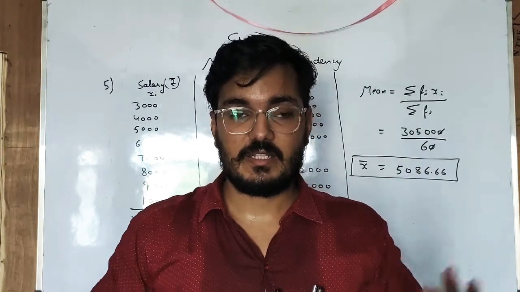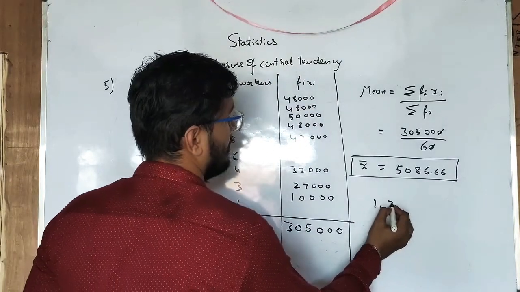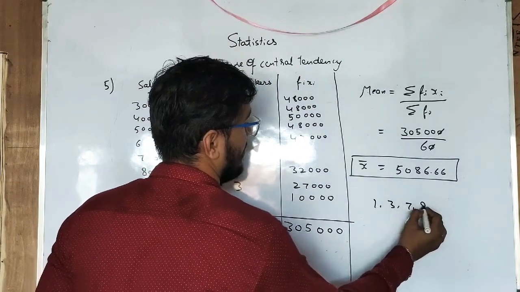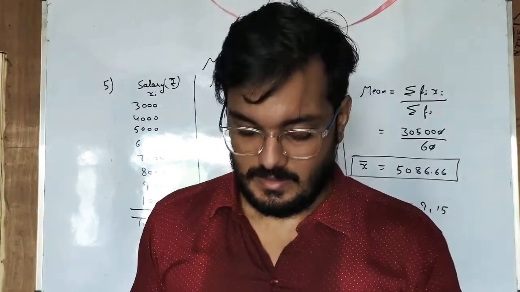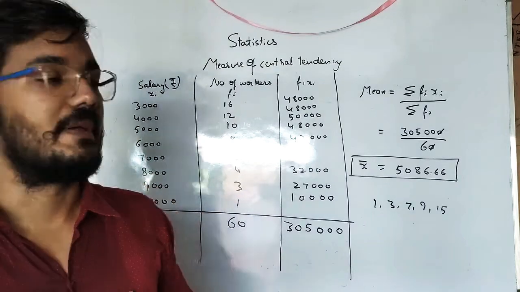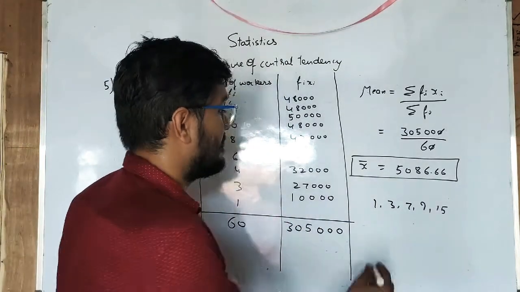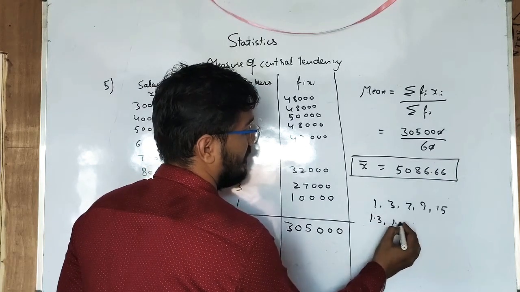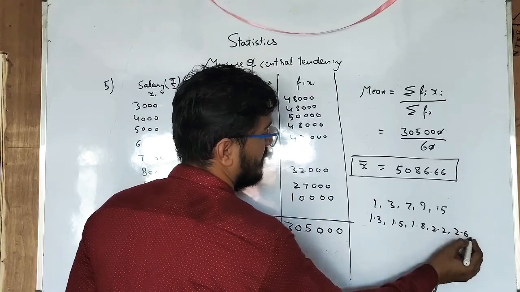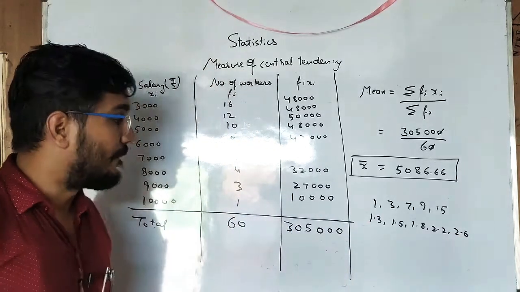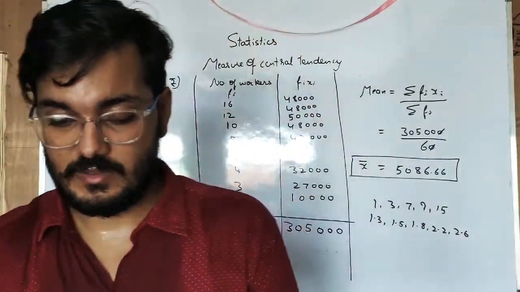In case if the data is varying with a large number of values like 1, 3, 7, 9, 15, so in this case median would be better, right? In this case calculating median will give an exact value. Whereas if the data is 1.3, 1.5, 1.8, 2.2, 2.6, so in this case mean will give an exact value rather than median. So this is all about this video.